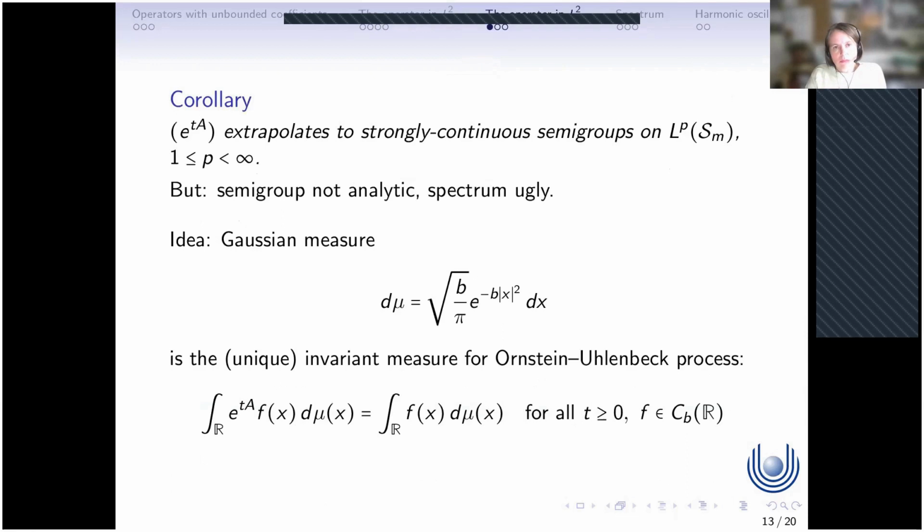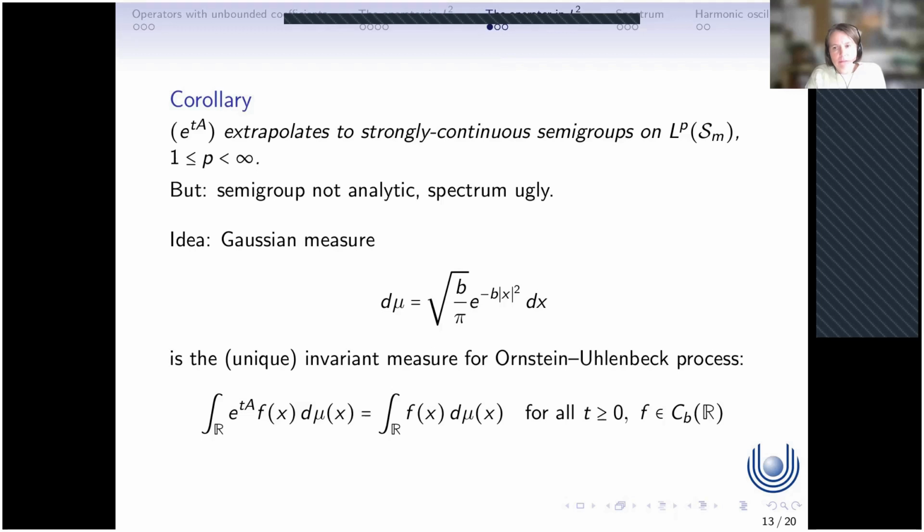And it turns out that the same formula also defines semigroups on LP, and they are strongly continuous, just like you do on R. The problem is that, again, the semigroup is not analytic, and again, the spectrum is ugly. So how to study the spectrum? That was actually our main interest.